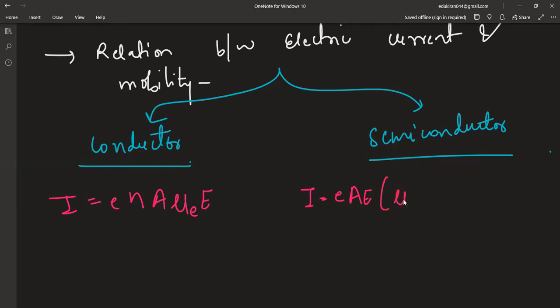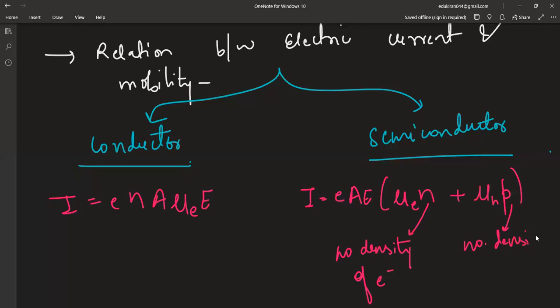They have to be written separately. Number of electrons into the mobility of electrons plus the mobility of holes into the number of holes. This is number density of electrons. This is number density of holes.